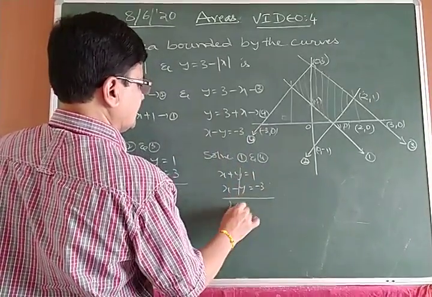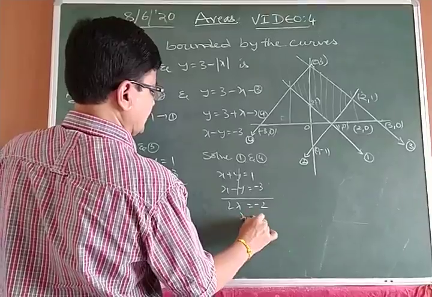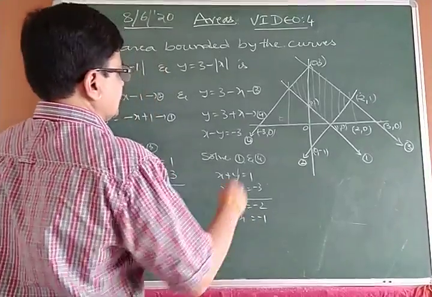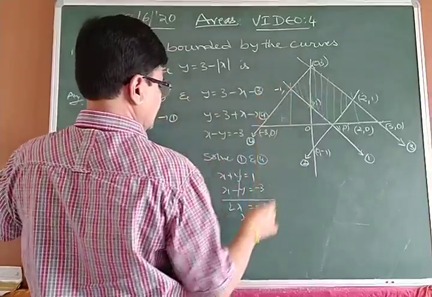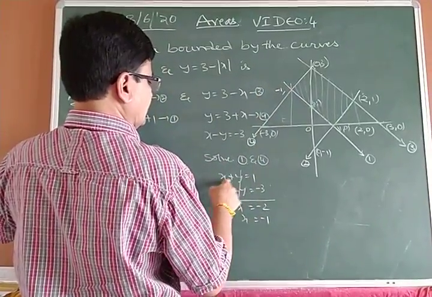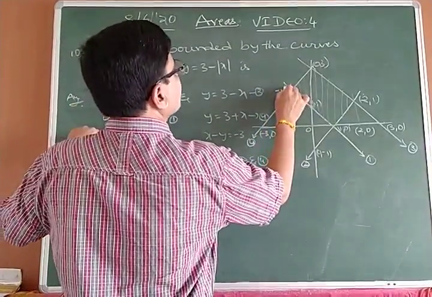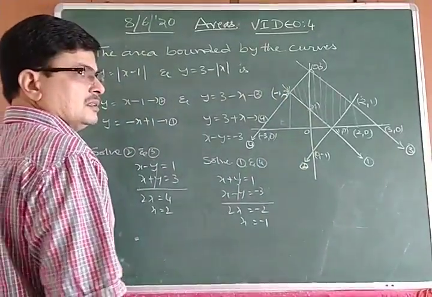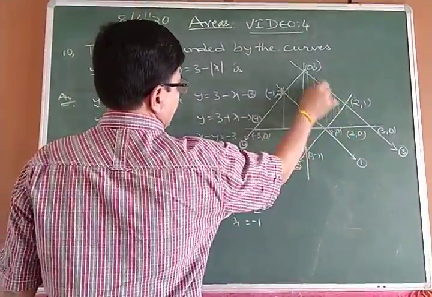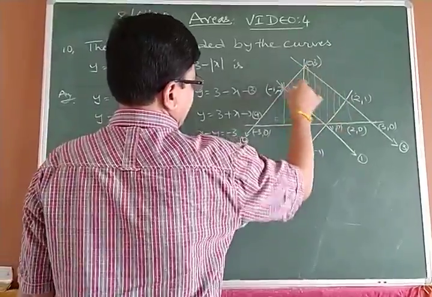So adding these, 2x is equal to minus 2, x is equal to minus 1. When x is equal to minus 1, y is equal to 2. Minus 1 comma 2 is the point. Now this is the required area of the given lines.